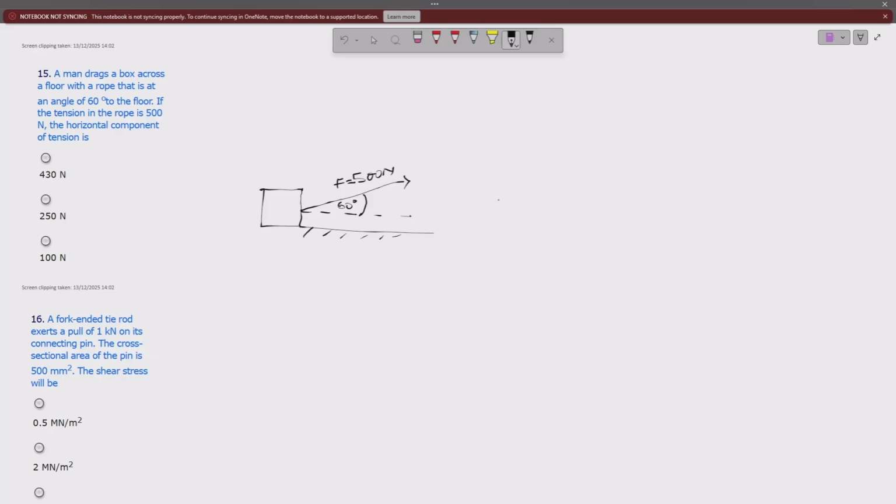So the horizontal component, let's say x, equals force cos theta, that's the angle. X equals 500 cos 60. What is cos 60? Cos 60 is half. So therefore x equals 500 times 1/2. That will give you 250 newtons.